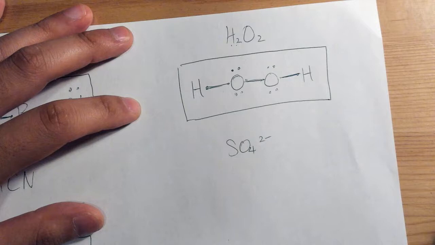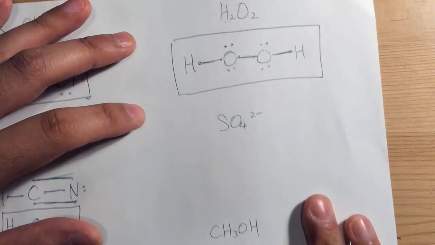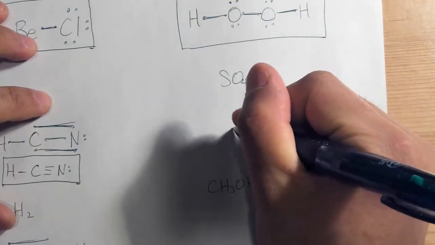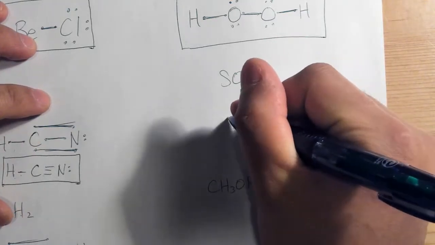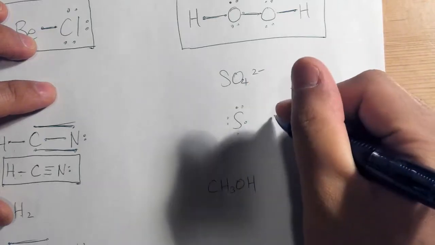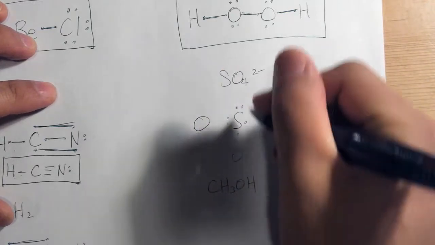Okay, so we got it down. And let's see, SO4 2 minus. For SO4, there's going to be an S in the middle with 6 valence electrons, and I'm going to draw 4 O's, 1 here, 1 here, 1 here, 1 here.